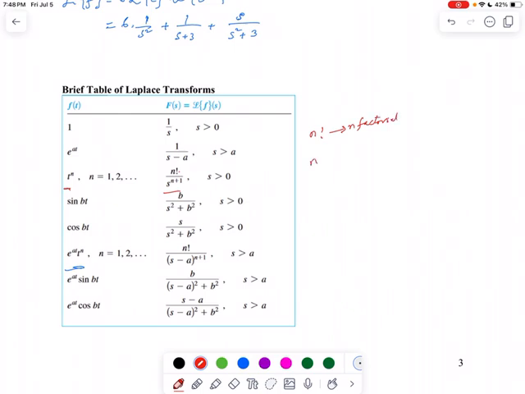We assume that n is a positive integer, so it can have the value 1, 2, 3, 4, 5, 6, 7, 8, and so on. We also include 0, but that is included separately.